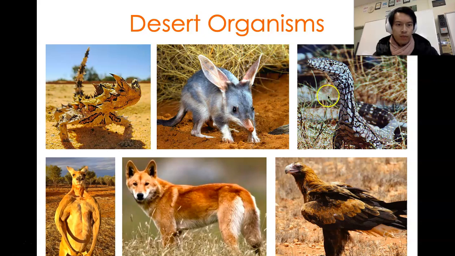This is a pretty familiar lizard, the goanna, or otherwise known as the perentie, which is pretty much the largest species of monitor lizard in Australia. And so being particularly large helps it survive in this kind of desert environment.